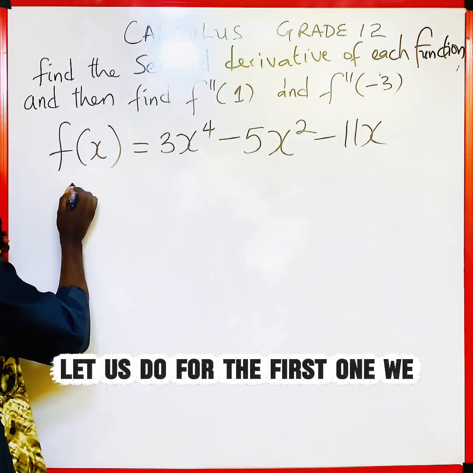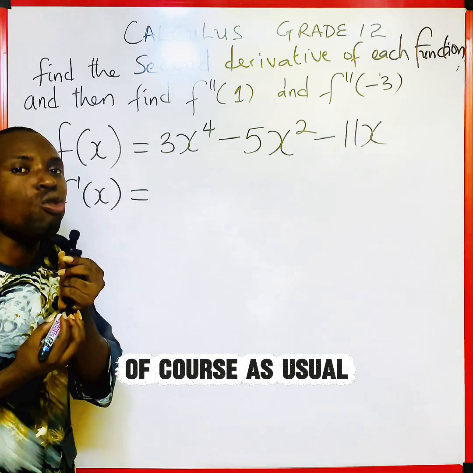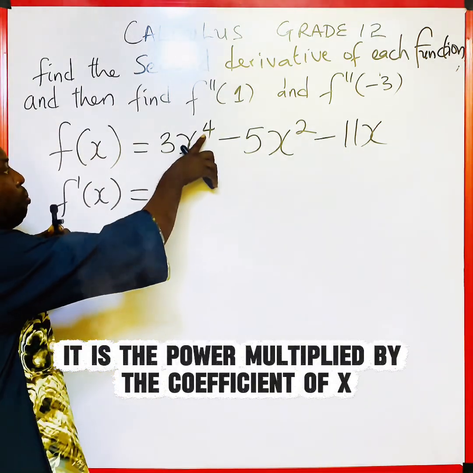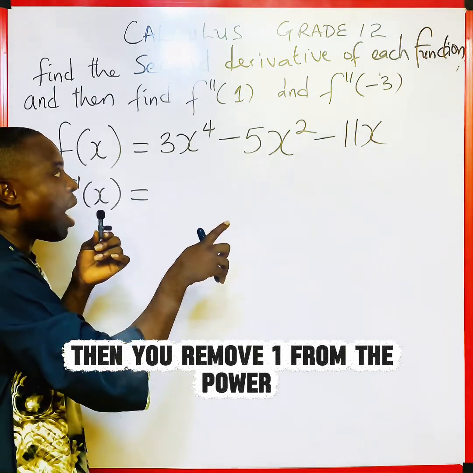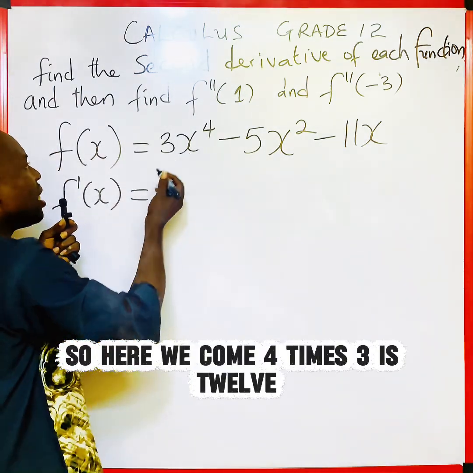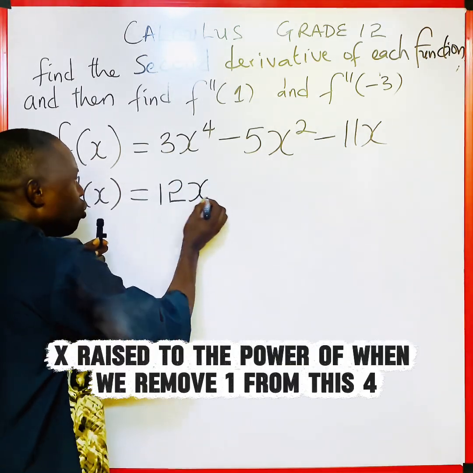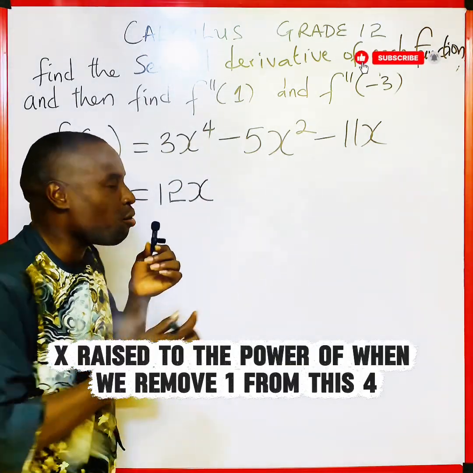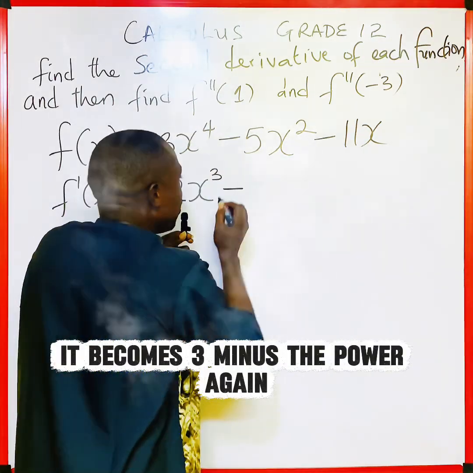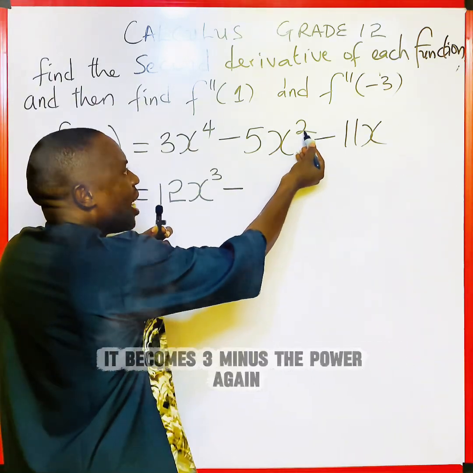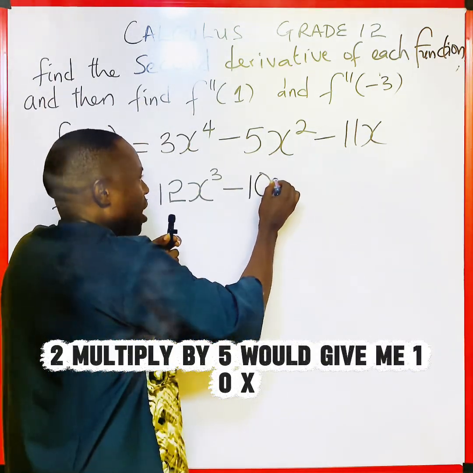Let us do it for the first one. Of course, as usual, what do we do? It is the power multiplied by the coefficient of x, then you remove 1 from the power. So here becomes 4 times 3 is 12, x raised to the power of, when we remove 1 from this 4, here becomes 3, minus the power again, 2 multiplied by 5 would give me 10x.